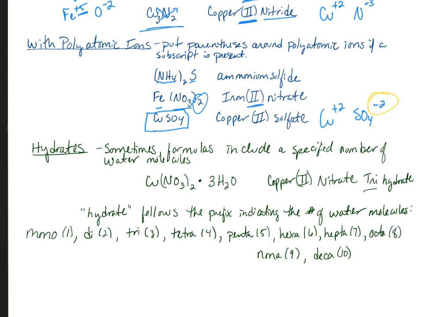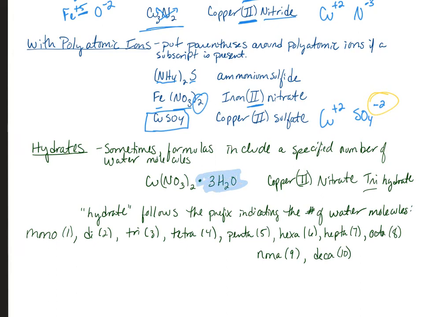Okay, next we can deal with things that are hydrates. So what is a hydrate? A hydrate just basically means that some type of formula is combined with a certain ratio of water. So you'll see that by a little times or star, and then you'll see the number of water that are written in the formula like that.